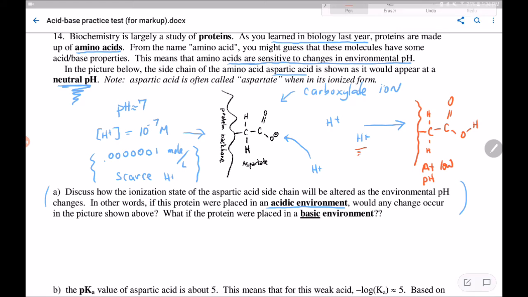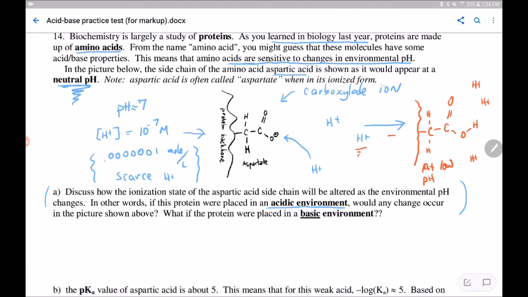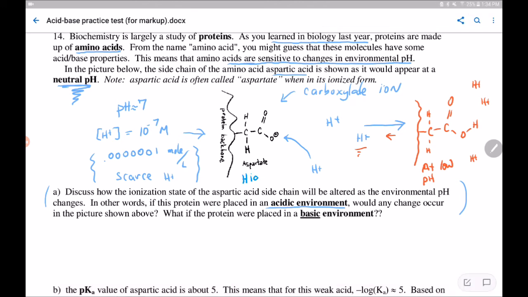Because the H+ ions are flooding the environment, the likelihood of protonation goes way up. Still in an equilibrium, so at low pH it would look like this, but if you raise the pH, it would go to the deprotonated form.